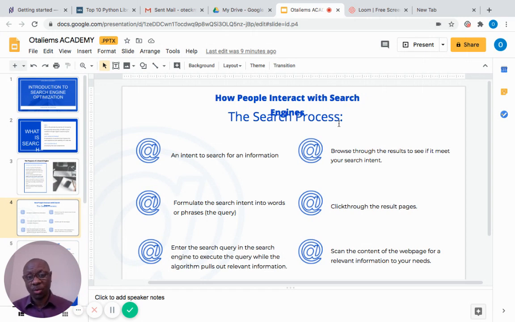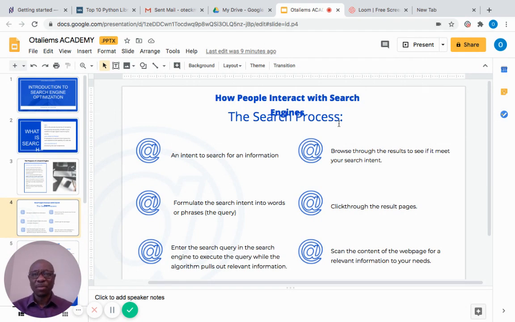I enter the search query into the search engine to execute my query. I'm asking Google and other search engines, please provide me with the information that I'm asking for. So what does Google do? It uses its algorithm to pull out the information that it believes is relevant to your query, to your search.